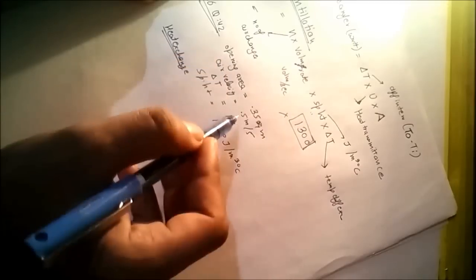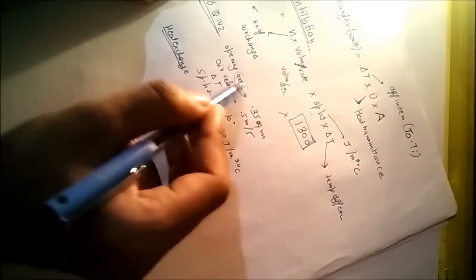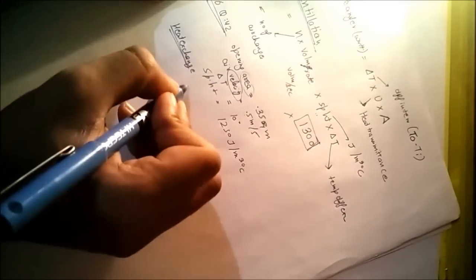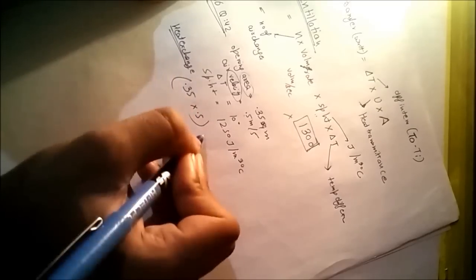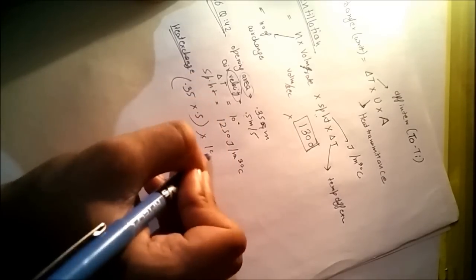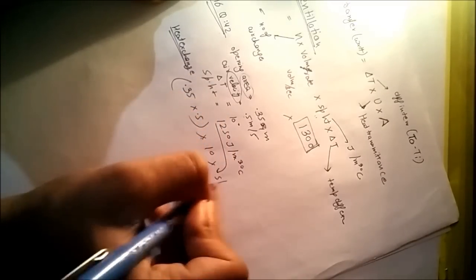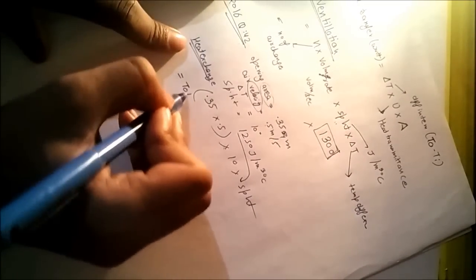The formula is simple. Volume rate is open area into velocity, that is 0.35 into 0.5, and volume into delta T into specific heat will be your total heat exchange.